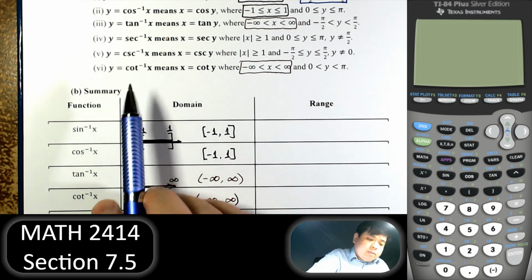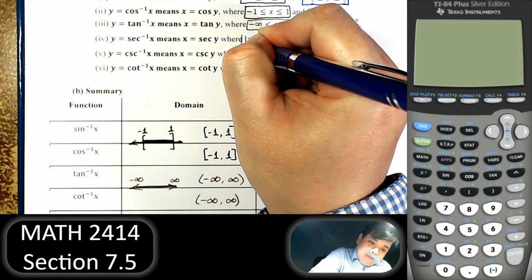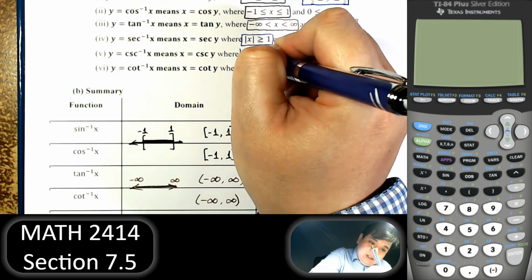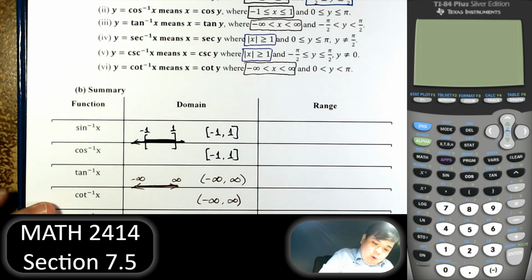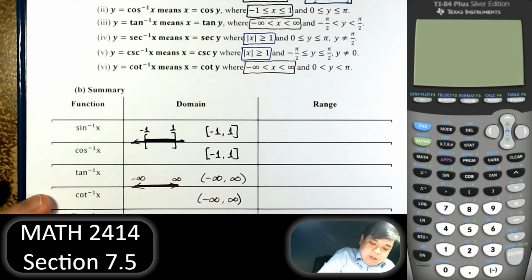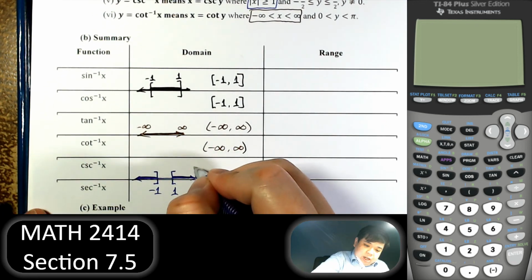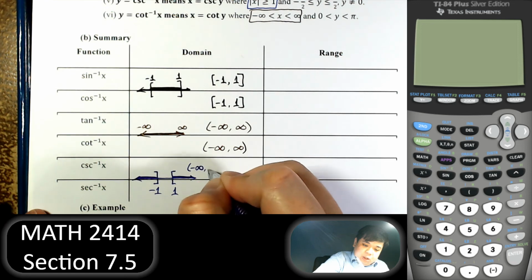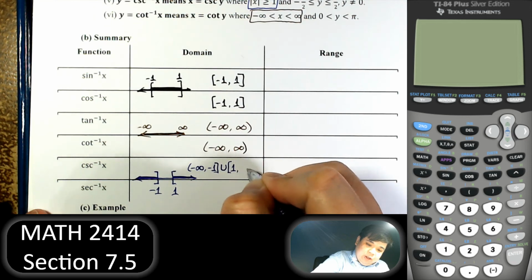Then secant inverse and cosecant inverse have the same domain: absolute value of x greater than or equal to 1, meaning that it is outside of 1. If we draw that on the number line, it is outside of negative 1 and 1. So we will say negative infinity to negative 1, including that, union 1 to infinity.